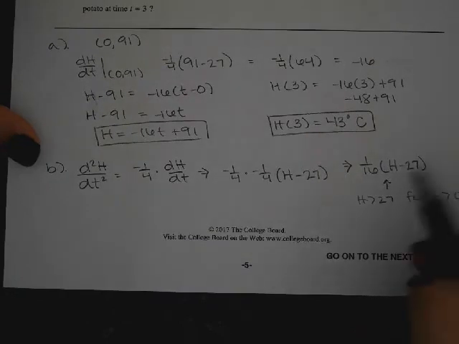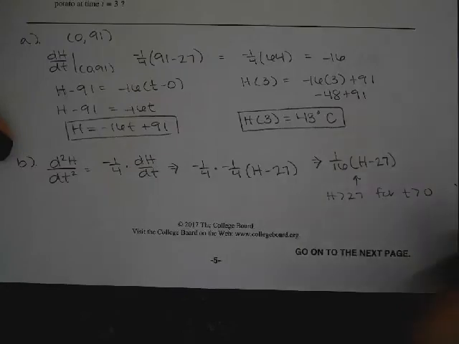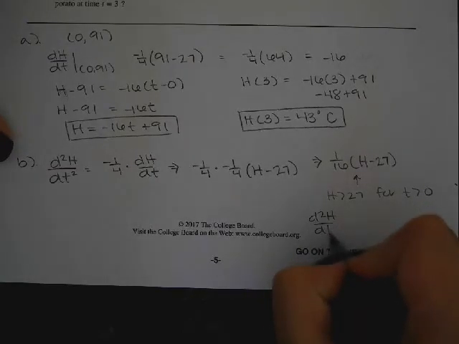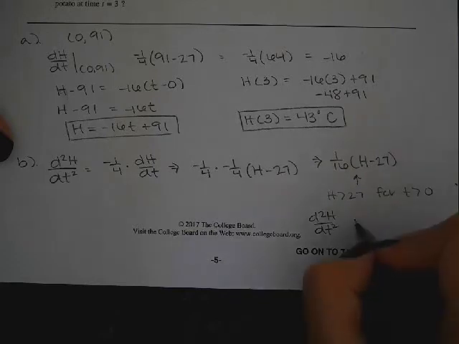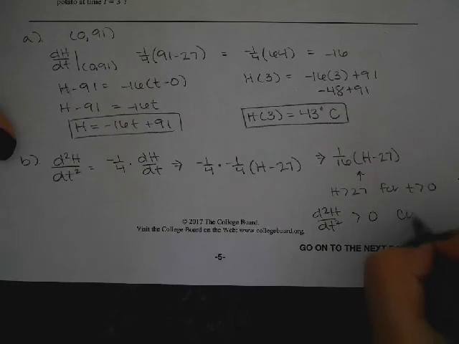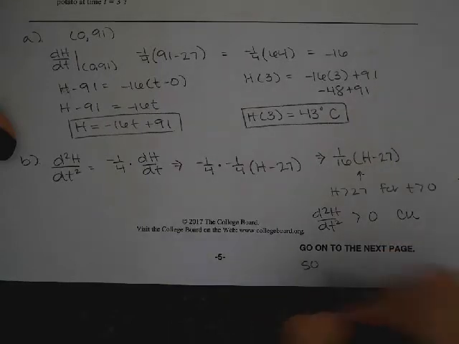And so this number, h minus 27, is always going to be positive. And so we're going to say that d2h/dt squared is greater than 0, which means it's concave up. And so 43 degrees Celsius, since it's concave up, the tangent line is underneath the curve. And so it's going to be an underestimate.